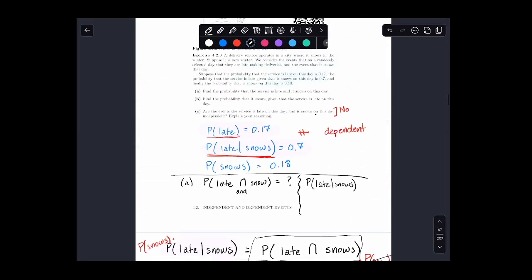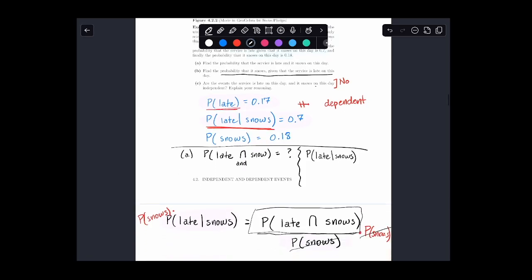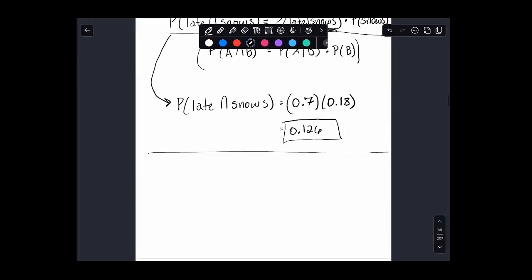Let's see, part B said find the probability that it snows given that the service is late. So now we want to find the probability that it snows given that they're late. So this is a little bit different than finding the probability that they're late given that it snows.